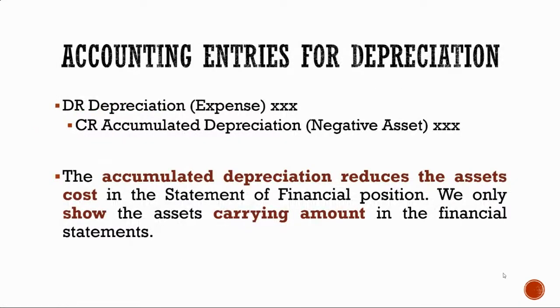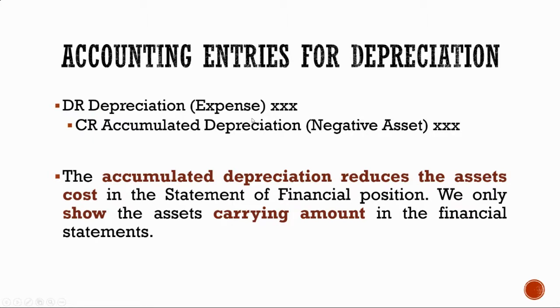Okay, now the next step is once we've done the calculation, we have to actually account for it in our accounting records. So now we have to do our general journal, which then goes into our general ledger accounts. To account for depreciation, we say depreciation is an expense, so we will always debit it.